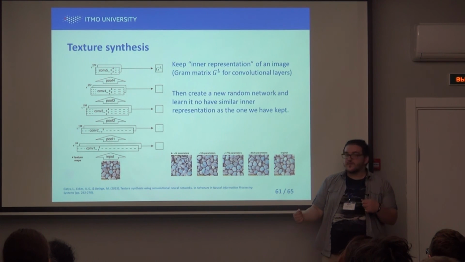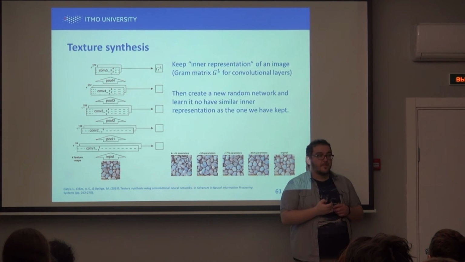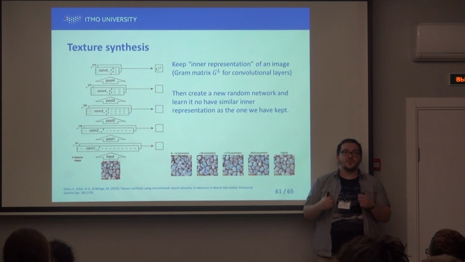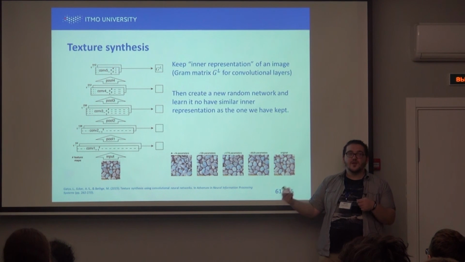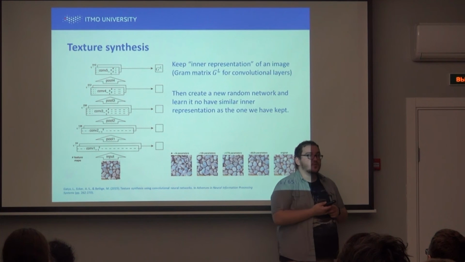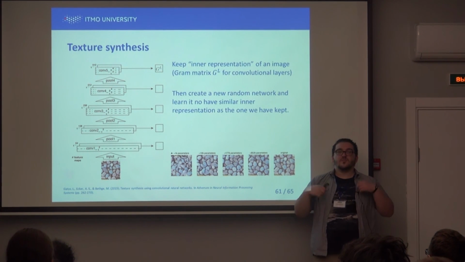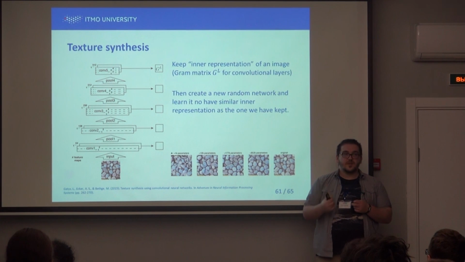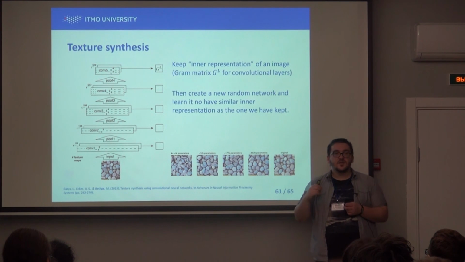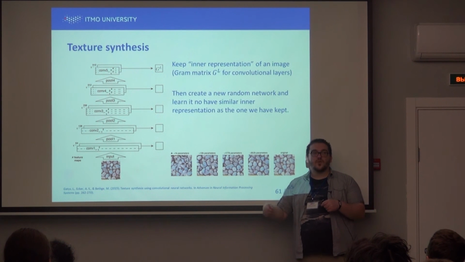After that, we have the representation of the texture. So we can just sum them. What we want to do is build something new. We want to generate a texture which is very similar to the one we had, but not just this image, something new. What we do is build a new network and set weights randomly. But after that, we want to learn weights so that the inner representation of our network will be similar to the one we had already learned.